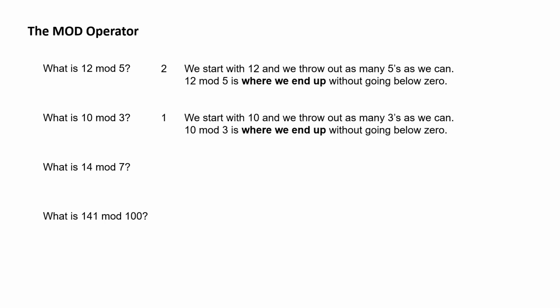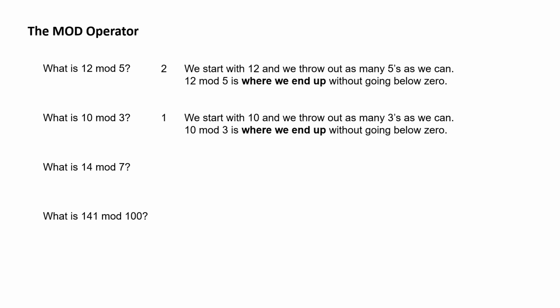Okay, 10 mod 3: we'll start with 10, throw out as many 3s as we can, and 10 mod 3 is where we end up without going below 0. So we throw out three 3s, which is 9 by that point, and then there's only 1 left over.